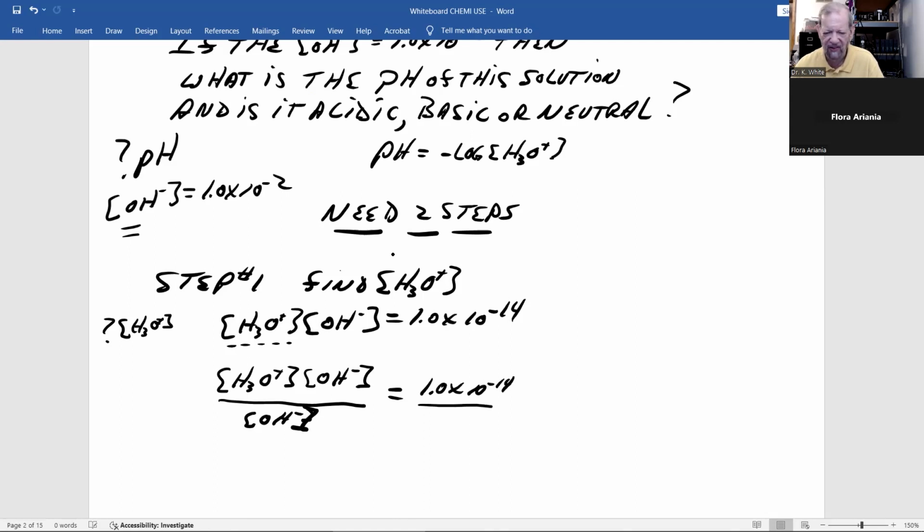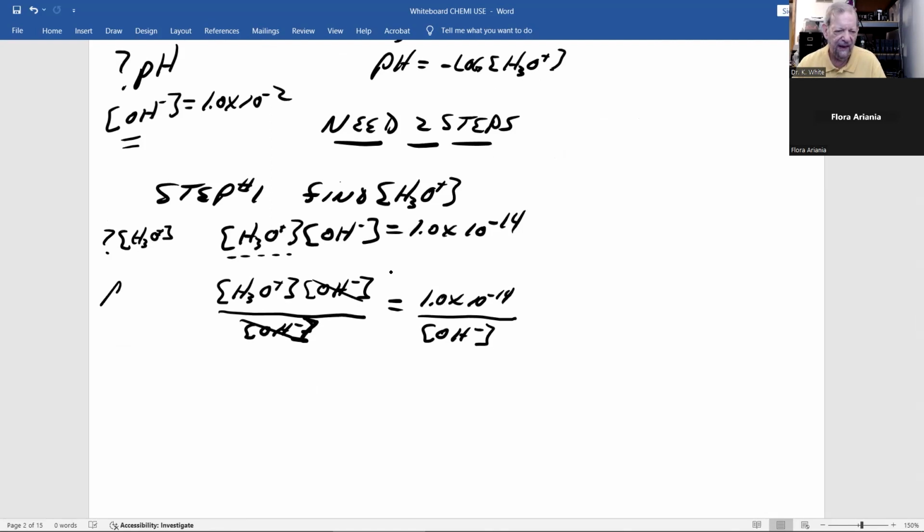So I'll divide the other side by the hydroxide ion concentration. This divided by this is the number 1. Remember, A divided by A equals 1. 1 times the hydronium is that. And that's equal to 1.0 times 10 to the minus 14 divided by the hydroxide ion concentration.